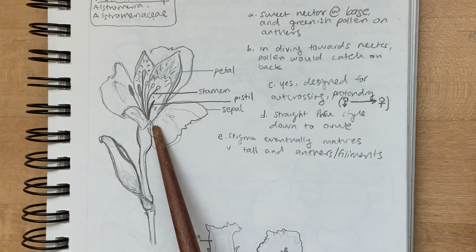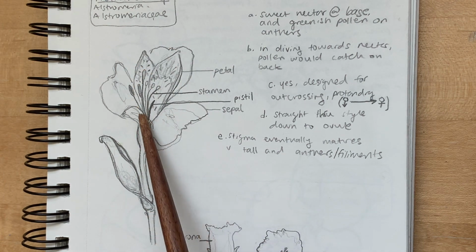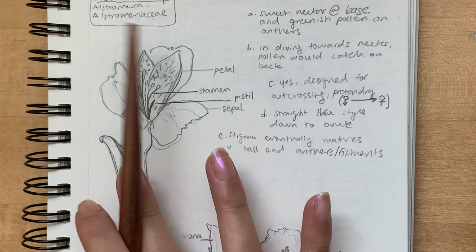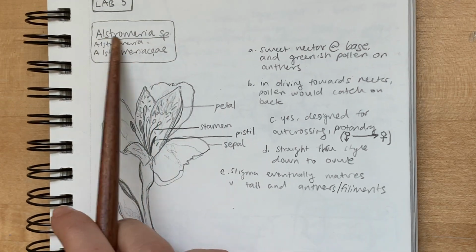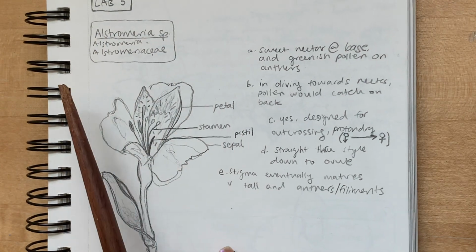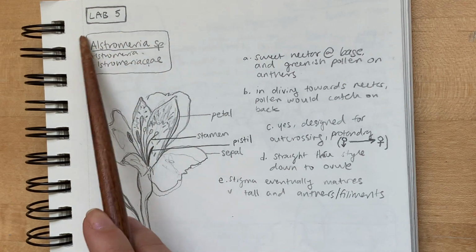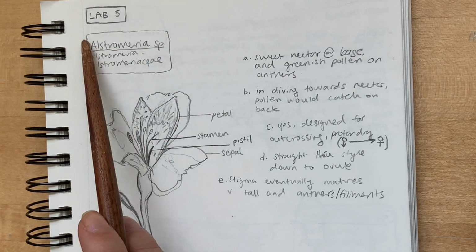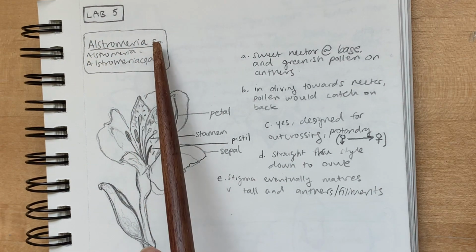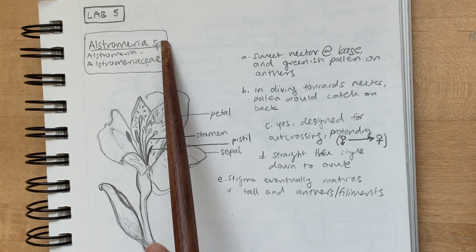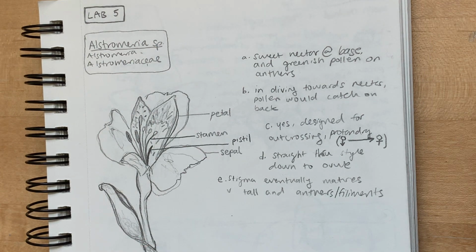This is an alstroemeria. You'll see most of the names of each are going to be in these little boxes. And if it doesn't have a second name and it has SP, that stands for species.